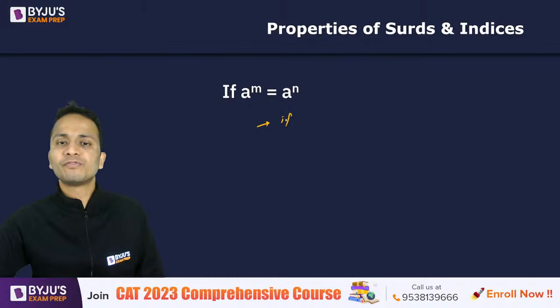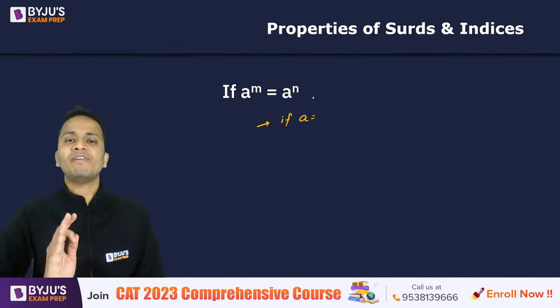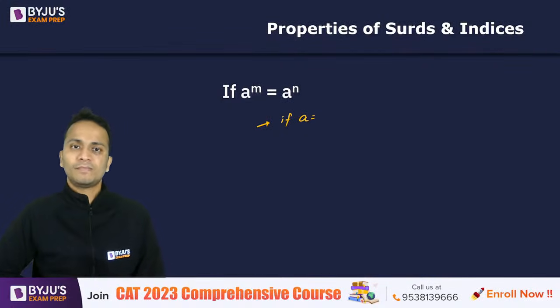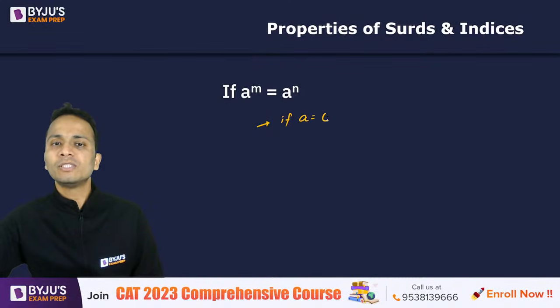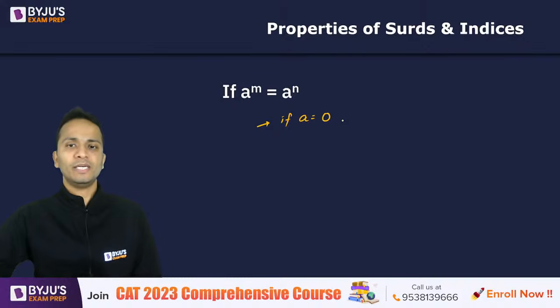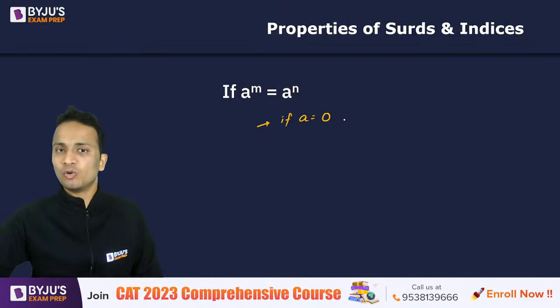Now, if A is equal to, I'll put some values. So basically it depends on the value of A as well. ये A की वैल्यू पे भी डिपेंड करेगा. So if A is equal to 0, अगर A 0 है, right? So M and N, they may or may not be equal.